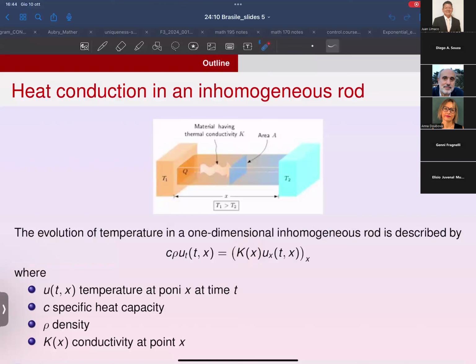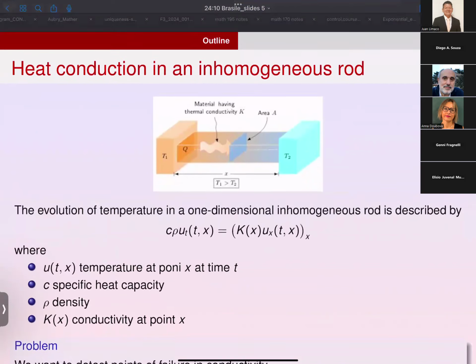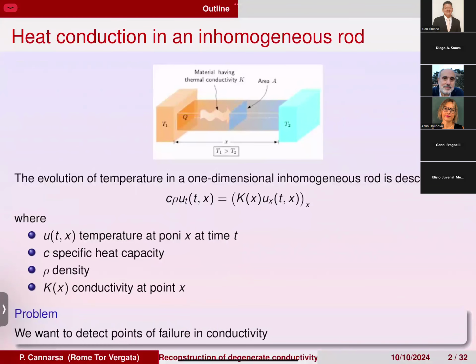Now imagine the conductivity coefficient has a failure at some point. It doesn't transmit heat as efficiently as it's supposed to, and you don't know which point is where the crack is, and you want to find such a point. So we want to detect the points where conductivity fails.